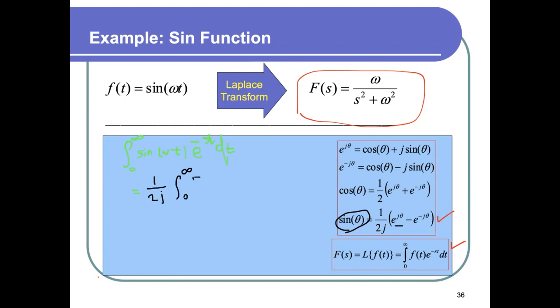So we have e to the power j omega t minus e to the power minus j omega t. The entire thing multiplied by e to the power of minus st dt.